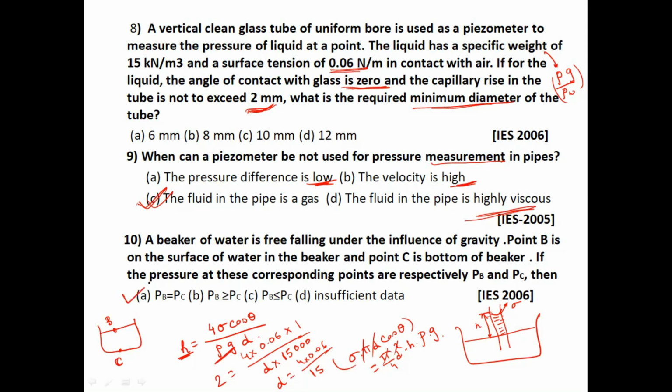My concern is that the pressure will be equal, because there is no relative body force, as it is free falling. You try it. What would be the answer to this question?